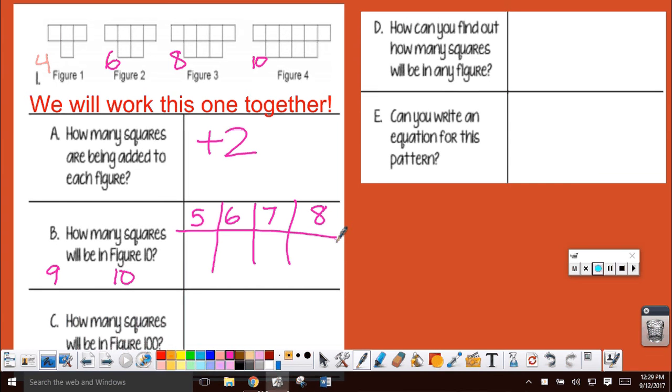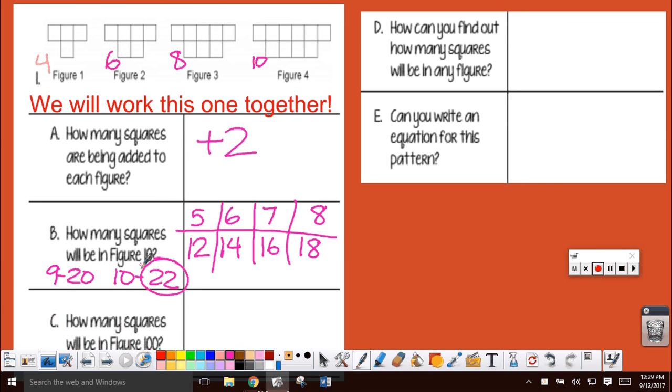So from figure 4 to figure 5, I'm going to add 2, so I'm going to end up with 12. Figure 6, I'm going to add 2 more. It's going to have 14, then 16, 18, 20, and 22 squares in figure 10. Okay? 22 squares in figure 10.